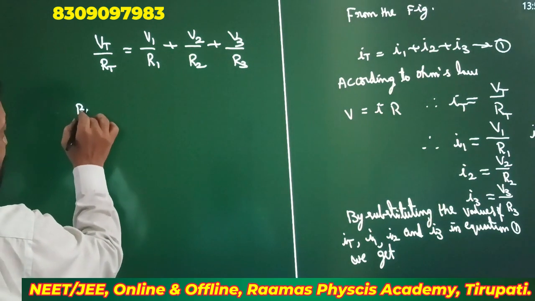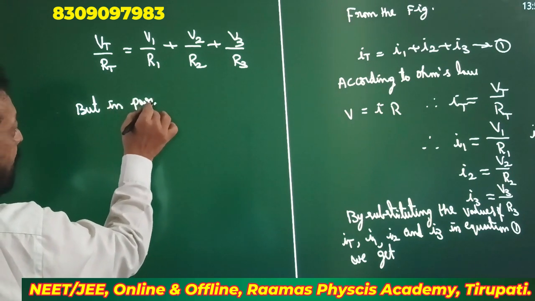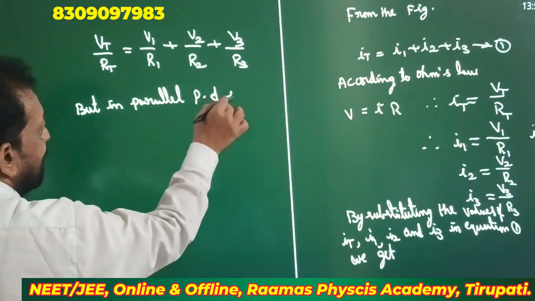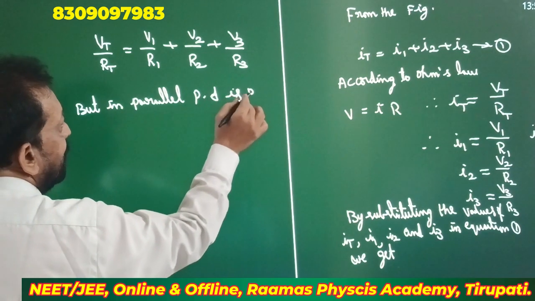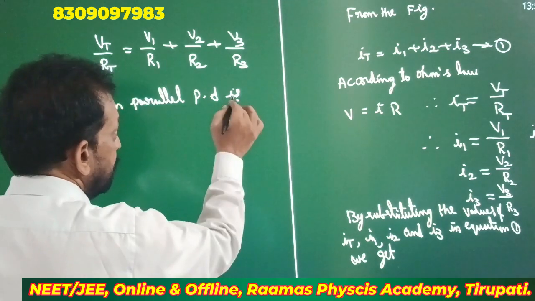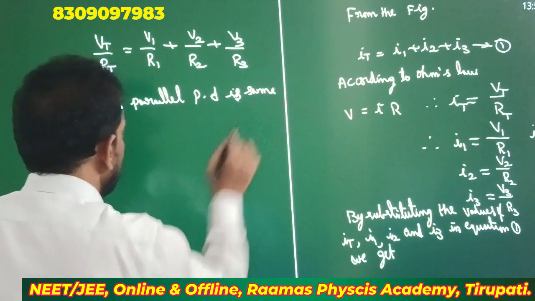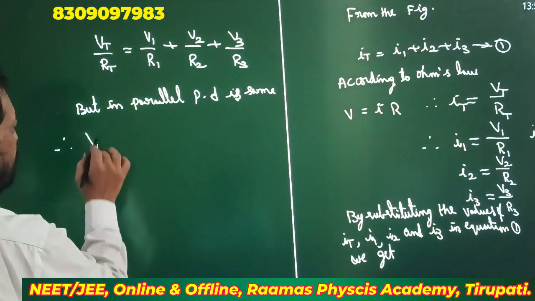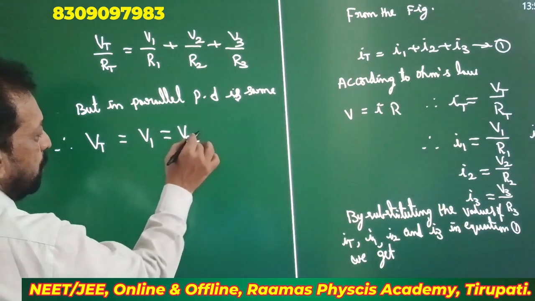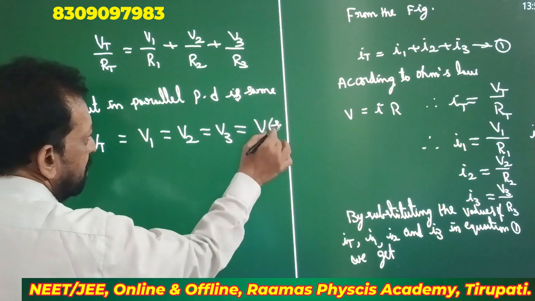But in parallel, PD is same. So therefore, VT is equal to V1 is equal to V2 is equal to V3 is equal to V, all are equal.